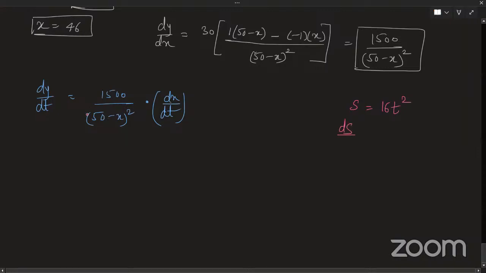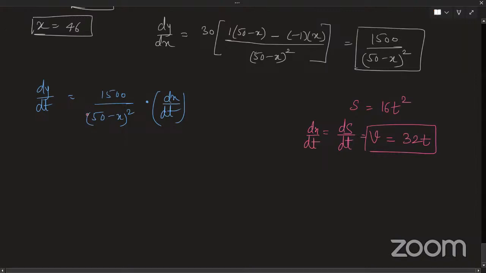What is ds by dt? It's velocity, right? The derivative of displacement is velocity. So it will be 32t. So v is nothing but dx by dt, right? Yes, sir. So this is your dx by dt.